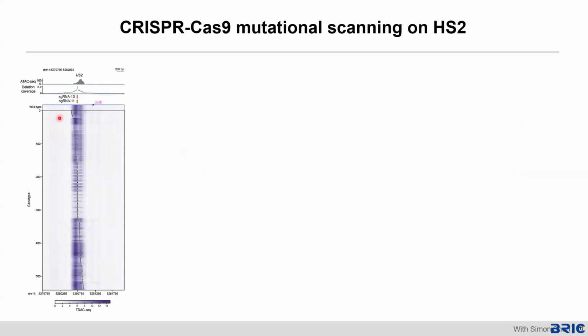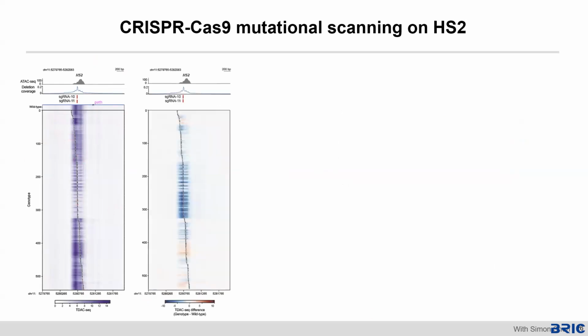And the small black lines inside each row indicate the CRISPR deletions for each genotype. The right plot is a different visualization of the same data, and it shows the difference in TDAC-seq signals compared to wild-type reads. Blue indicates a decrease in accessibility, while red indicates an increase in accessibility compared to the wild-type reads.